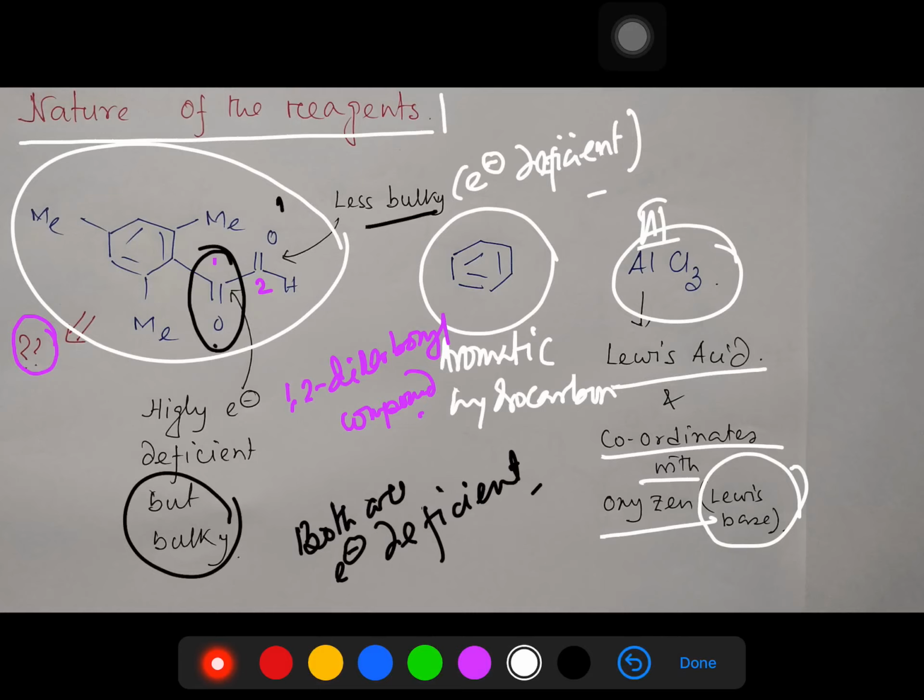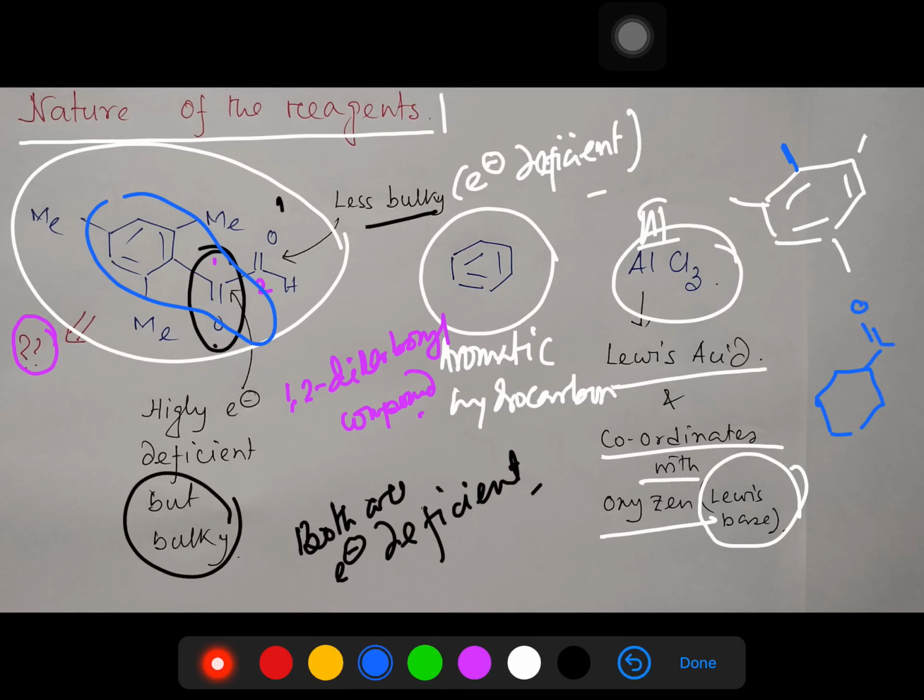Why? Let's draw the molecule first. This is a mesitoic acid system. What's special in this case? This carbonyl group is not in conjugation. For example, this is benzophenone.